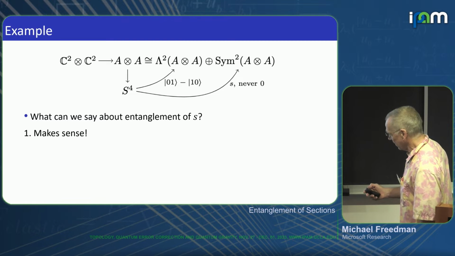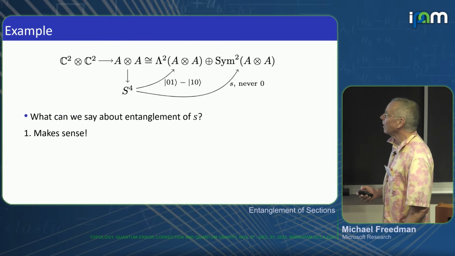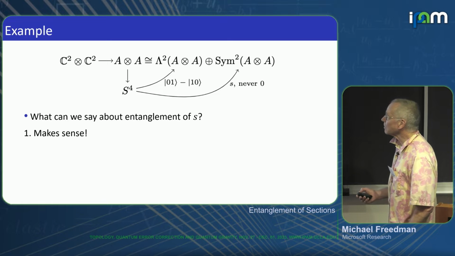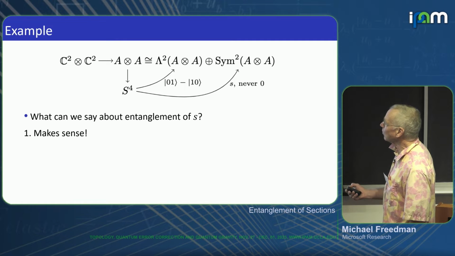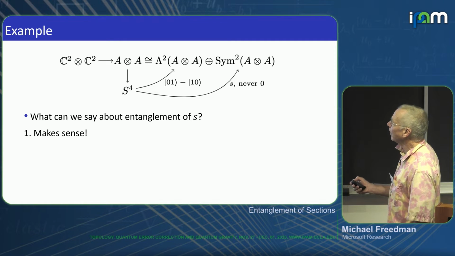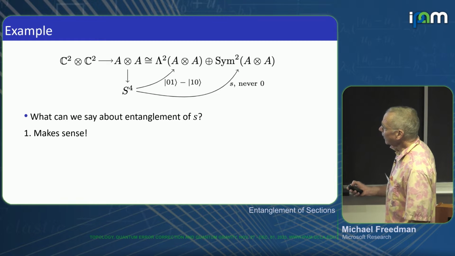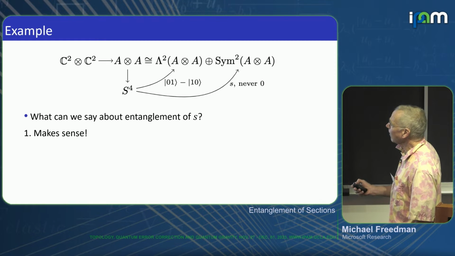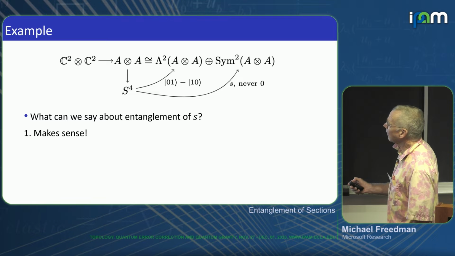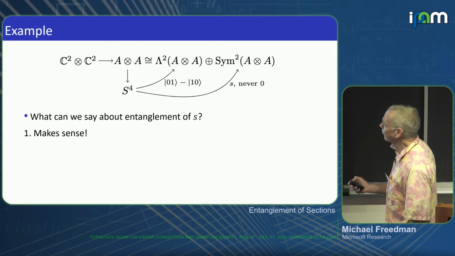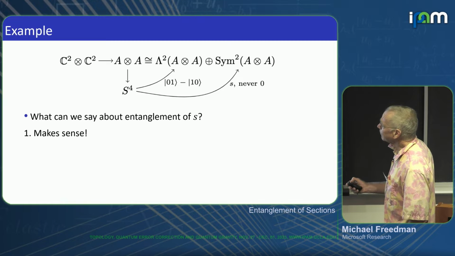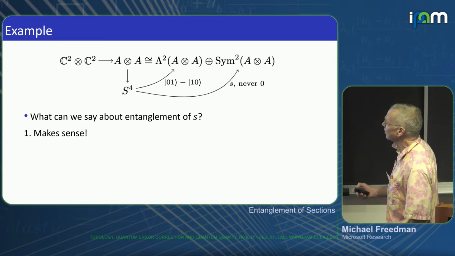Okay, so let me give the first and simplest example. Let's just take 2 copies of the instanton bundle and tensor them together. So this is a bundle now with fiber C^4, thought of as C^2 tensor C^2.